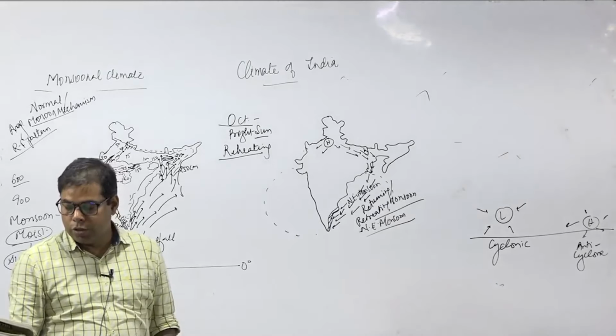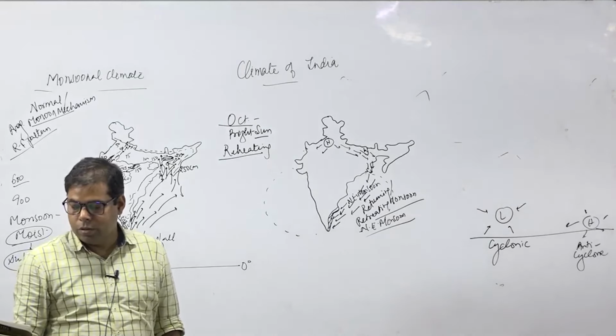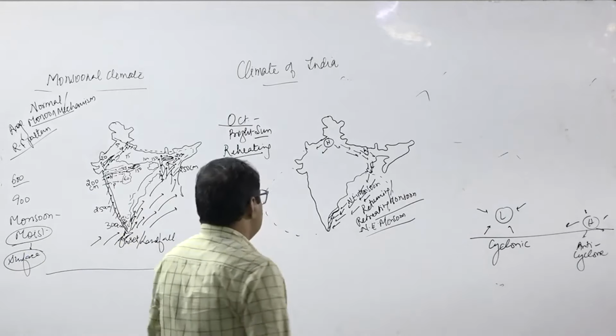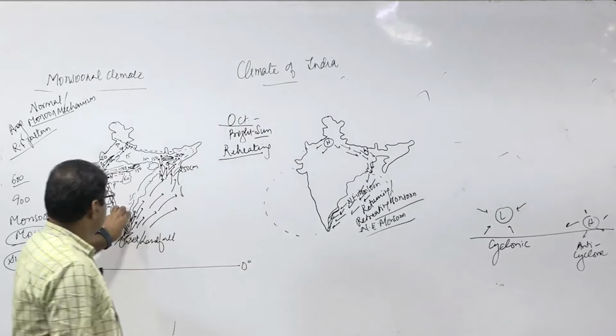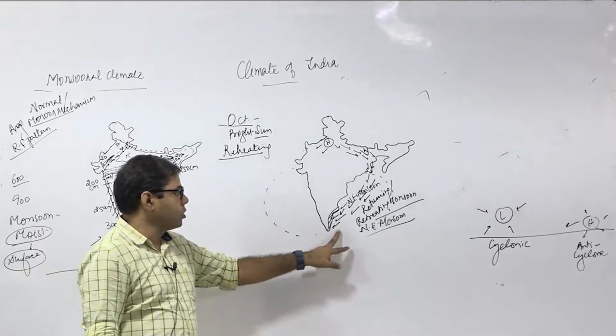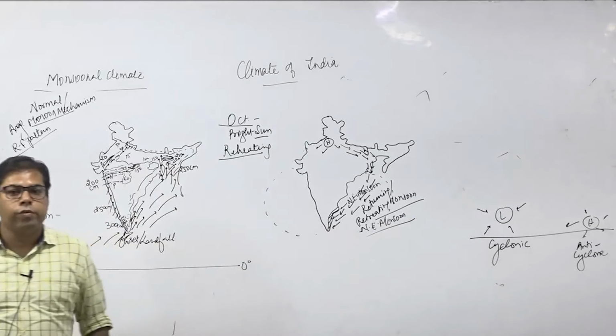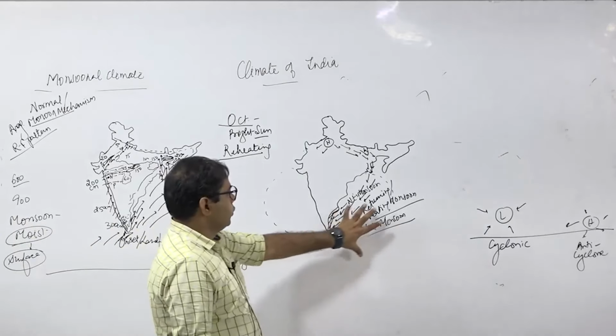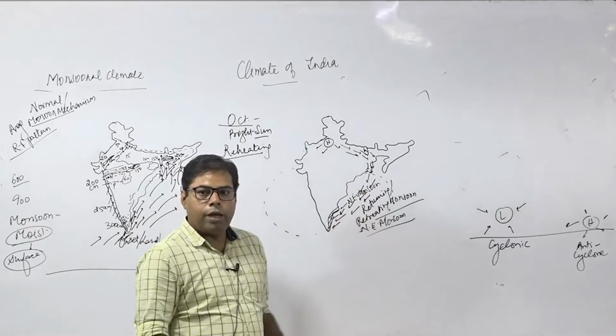So only two ही रह गया, okay. So this area, the western part of Tamil Nadu, is receiving rain, and the Coromandel coast of Tamil Nadu is receiving rain in the winter season. Clear हो गया.